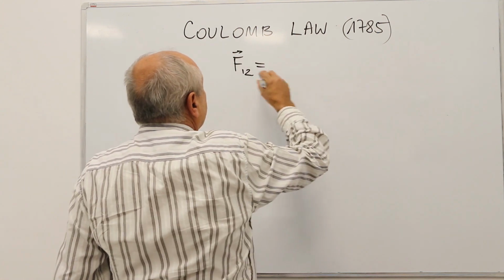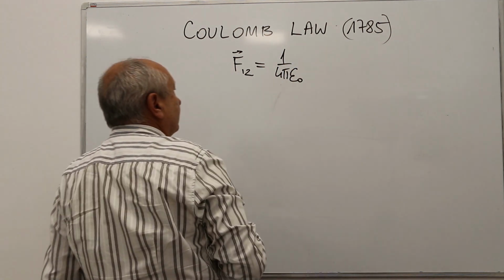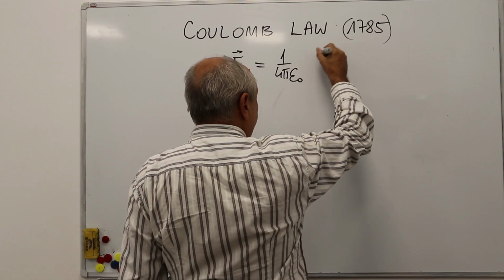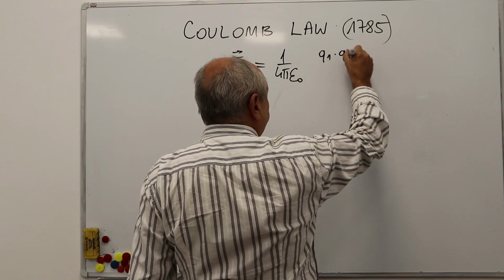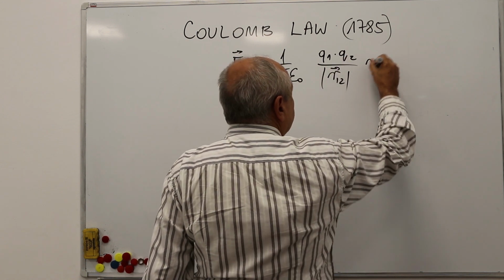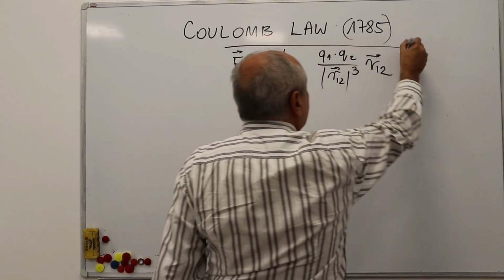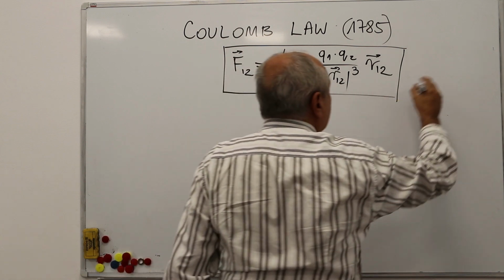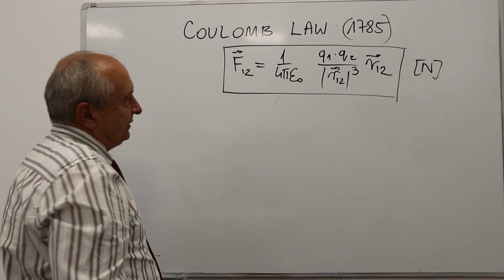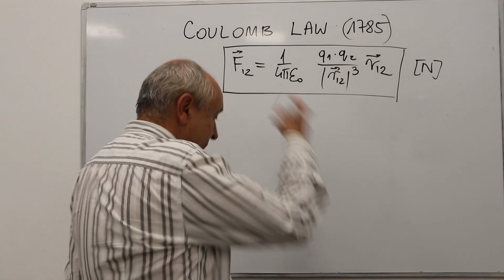F12 is equal to 1 divided by 4 pi epsilon 0, Q1, Q2, and the force is in newtons. And now let's write what we have in this formula.